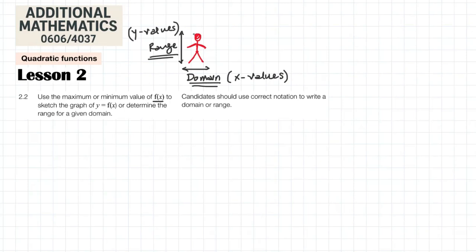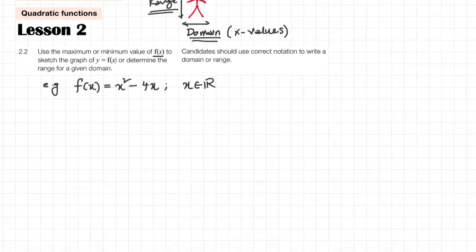Since we are dealing with quadratic functions, I'm going to take a quadratic function example. Let's begin with f of x is x squared minus 4x. And I'm assigning a domain, x belongs to R. If you're familiar with set notation, this means that x is a member of all real numbers.